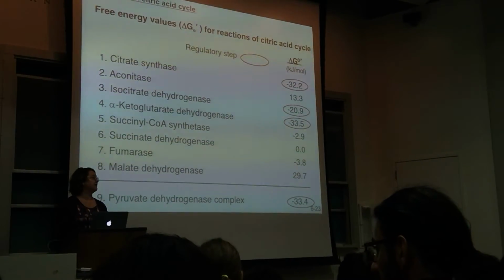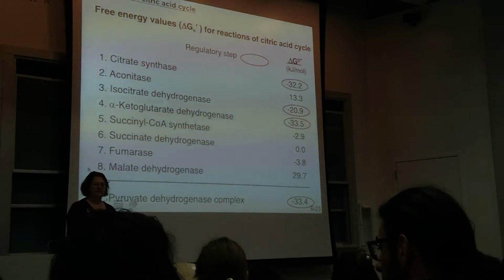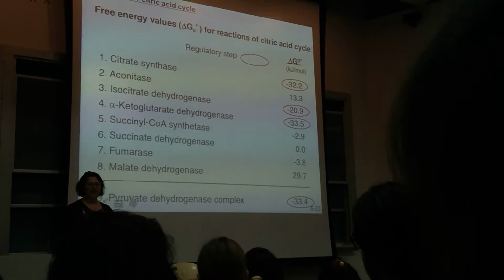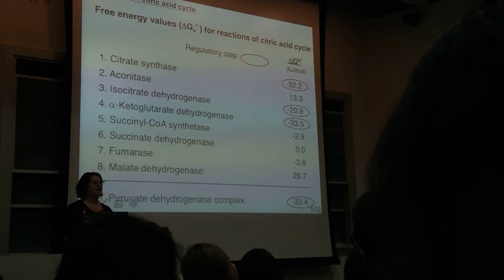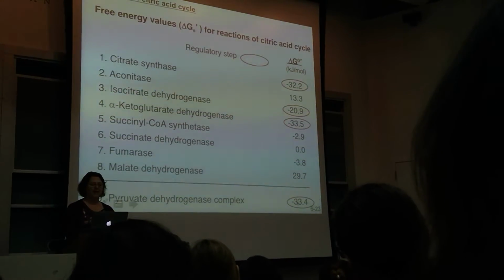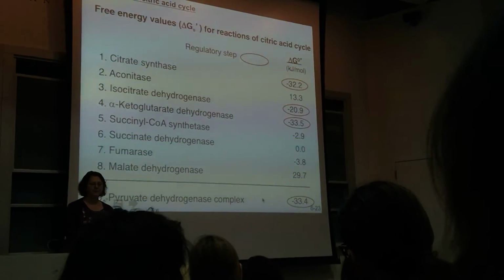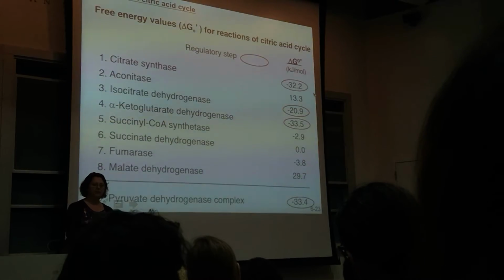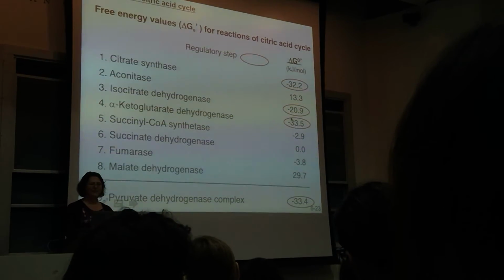That's true for the citric acid cycle as well. First, this should really be labeled as 0 because it's the one coming in. This is highly exergonic, minus 33.4, and that's driven by the CoA as part of it and all those cofactors. And then citrate synthase, isocitrate dehydrogenase, and alpha-ketoglutarate dehydrogenase are all highly negative.